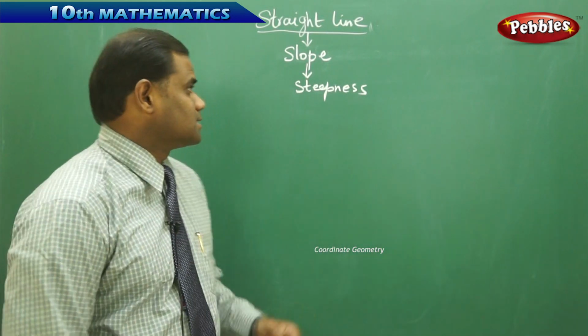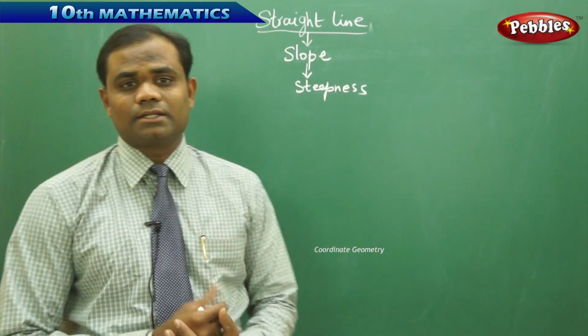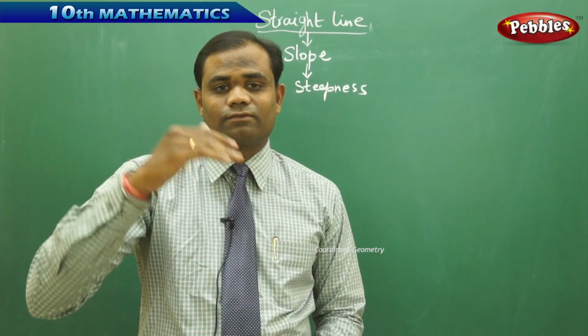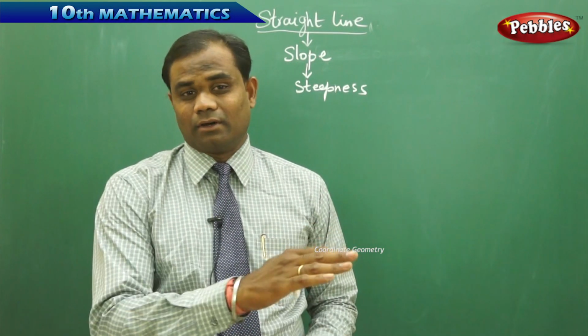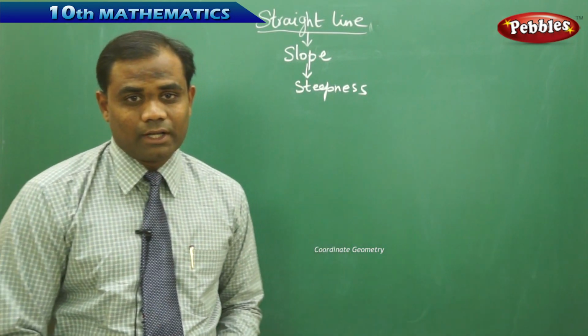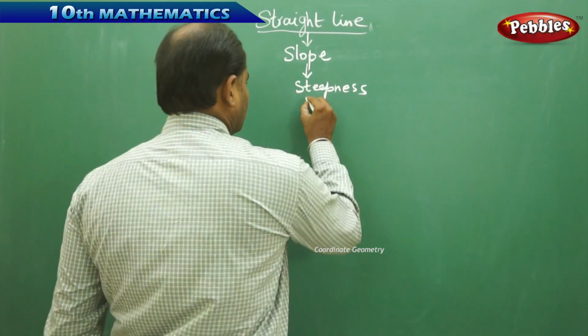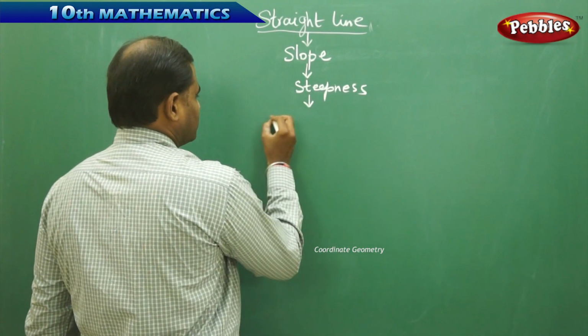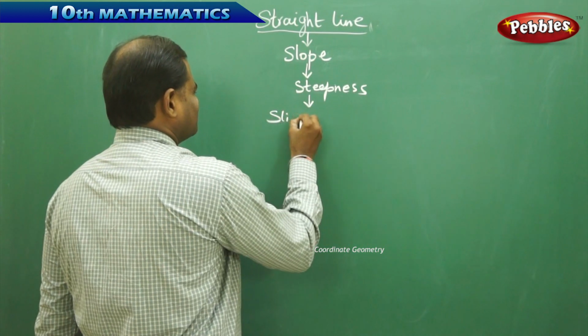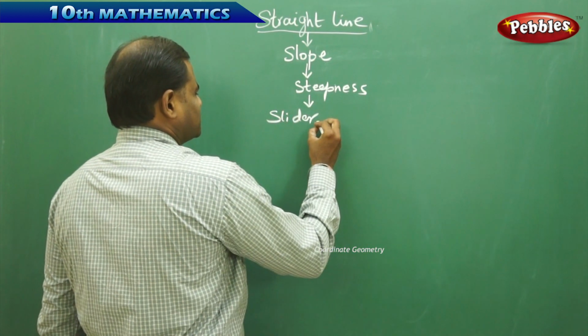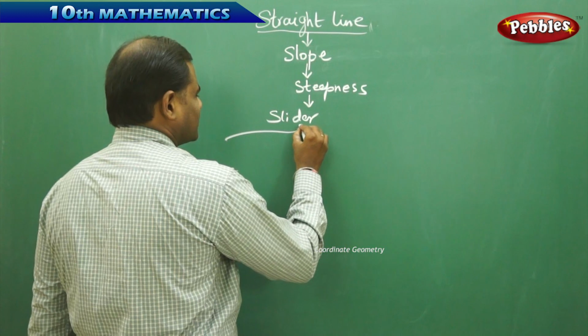Say for example, I say the slope of a straight line is nothing but the steepness of a straight line along the ground. So to come up with a real life example, let's take a slider. Say for example, I take a slider, and there are two types of sliders I consider here.